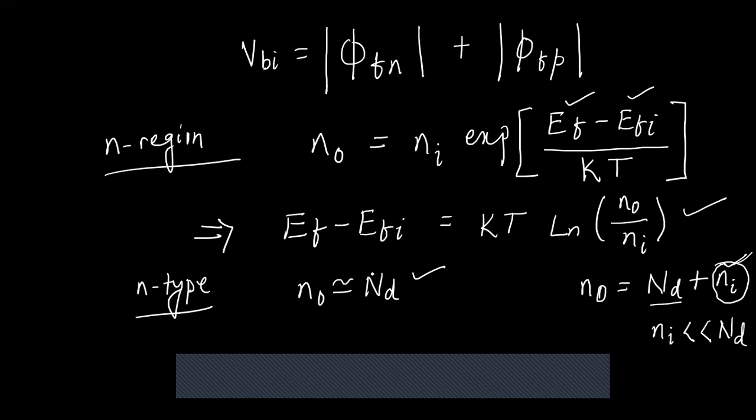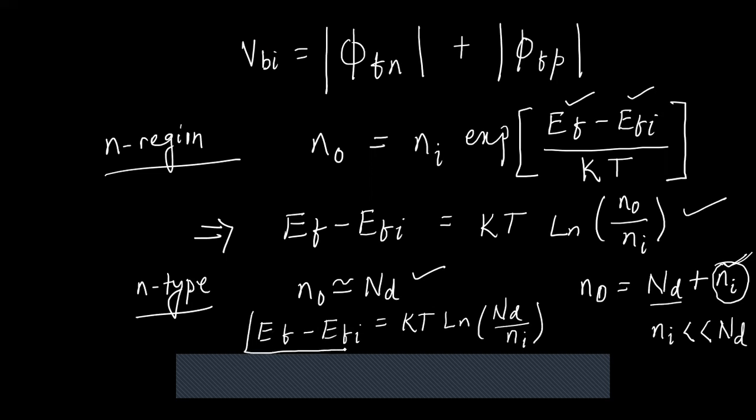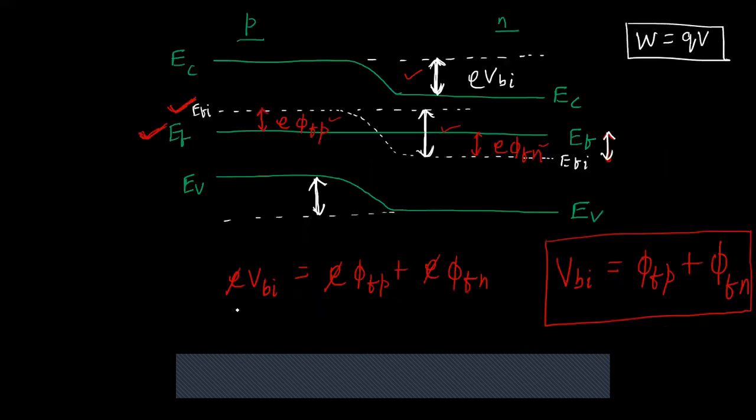If I substitute n0 as Nd, we can rewrite it: EF minus EFi equals kT ln of Nd divided by ni, the intrinsic carrier concentration. Now EF minus EFi is nothing but e times phi Fn, the gap in the previous diagram I showed you.